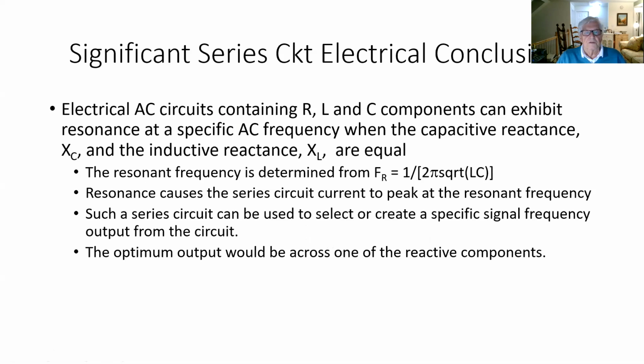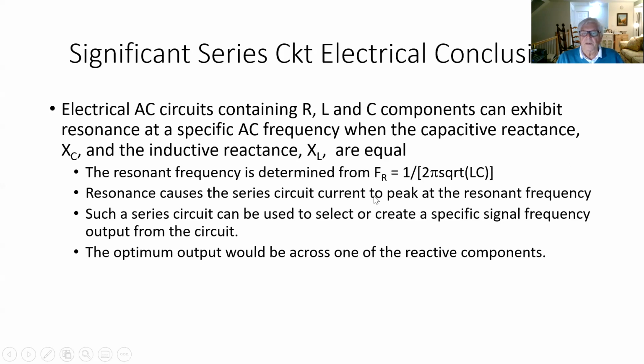In a series circuit, electrical AC circuits containing a resistor, inductor, and a capacitive component exhibit resonance at a specific AC frequency when the reactances are equal to one another. That resonant frequency is calculated from this equation here. Resonance causes the series circuit current to peak.